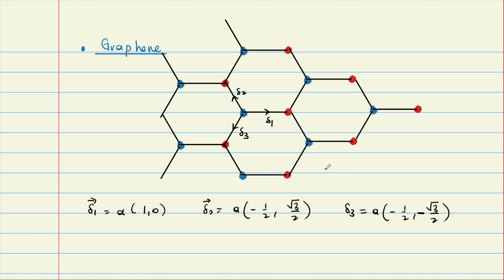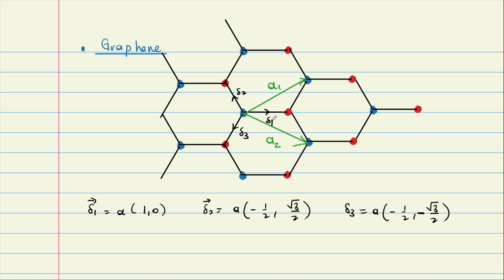And the primitive basis vectors are not unique. You can choose others, but I'm going to choose these. So this one and this one, let me call this one a1, this one a2.